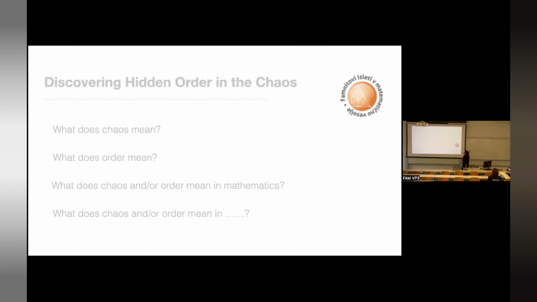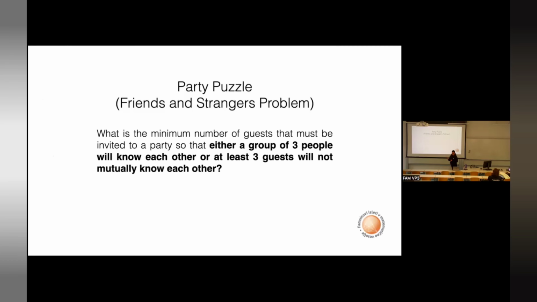Let's start with the first one, which is called the party puzzle. This friend and stranger problem asks: what is the minimum number of guests that must be invited to a party so that either a group of 3 people will know each other, or at least 3 guests will not mutually know each other?